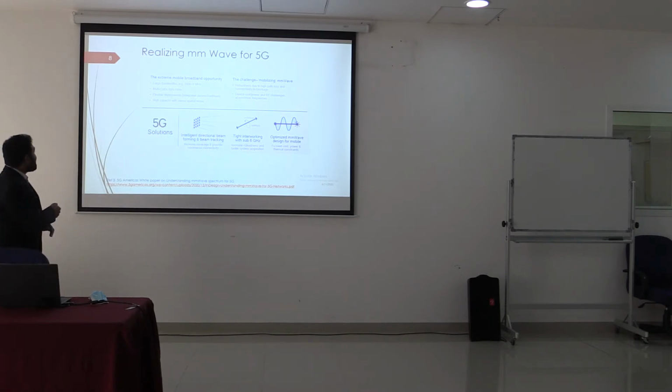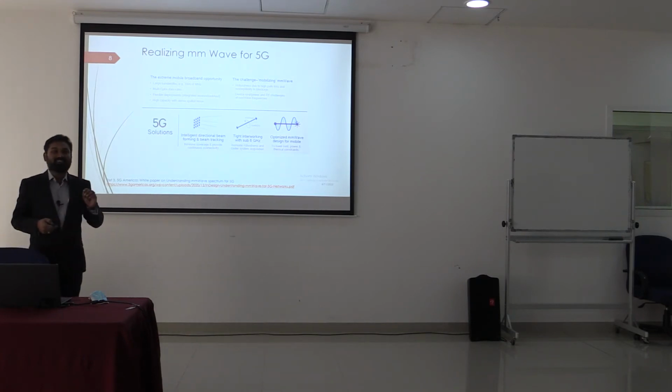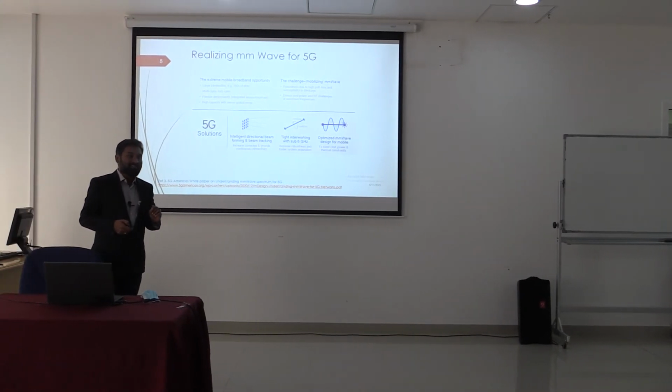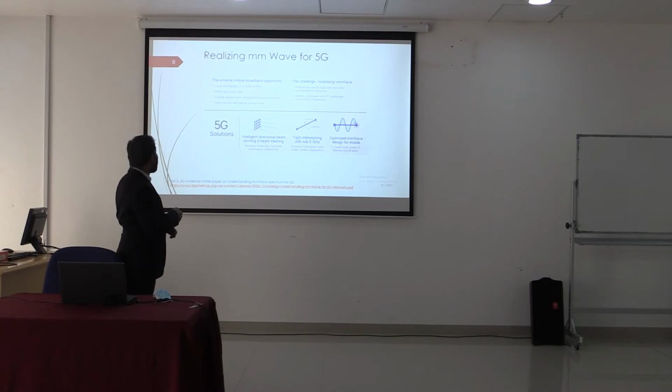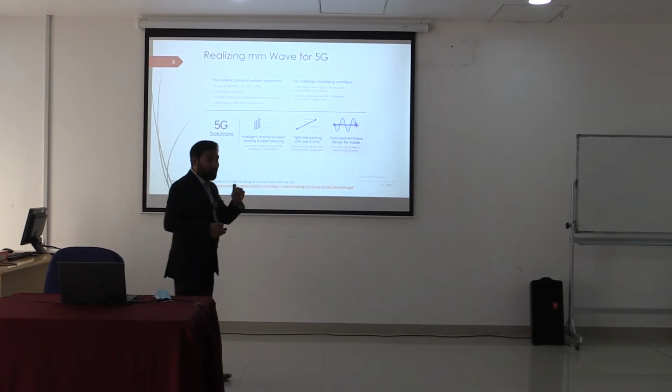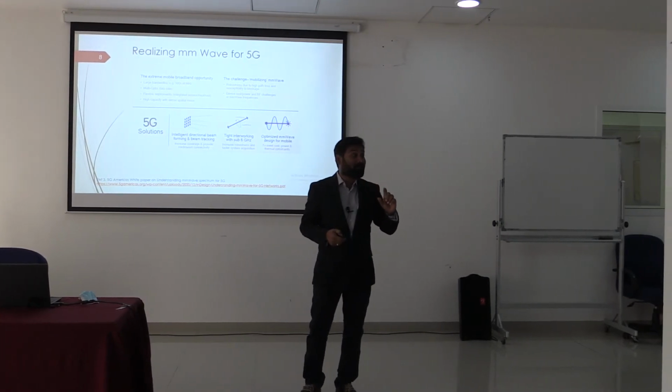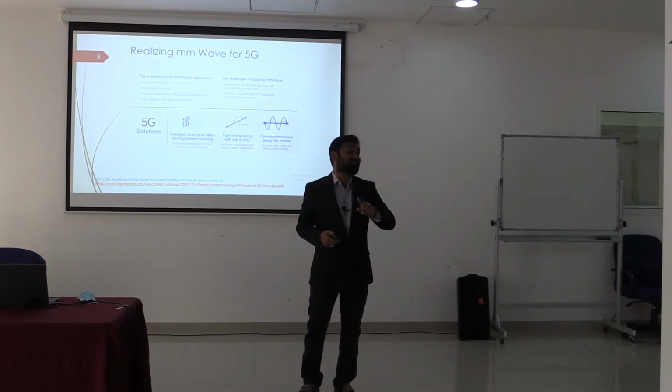And you have a multi-gigabits per second data rate, flexible deployment. This is one of the major challenges for the subscribers. What is that integrated access? So your mobile phone or your handset user equipment must be capable of operating at 4G as well as at 5G.